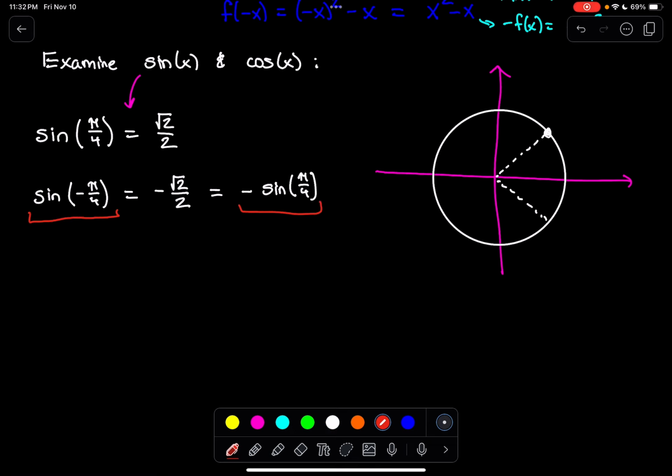All right, and so to prove this a little more rigorously, we can simply, again, just plug in negative x into sine. Now, this is a little bit strange for us to think about, but I will simply just draw our negative angle here. Let's say this is negative x degrees, right, like so. And so it's going to have some y value associated with it.